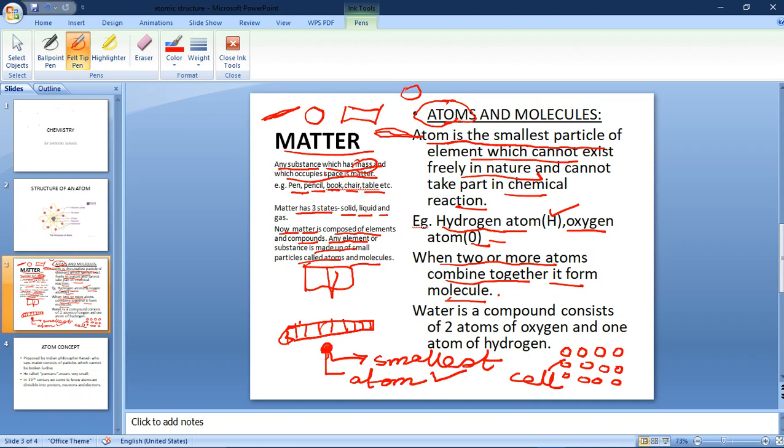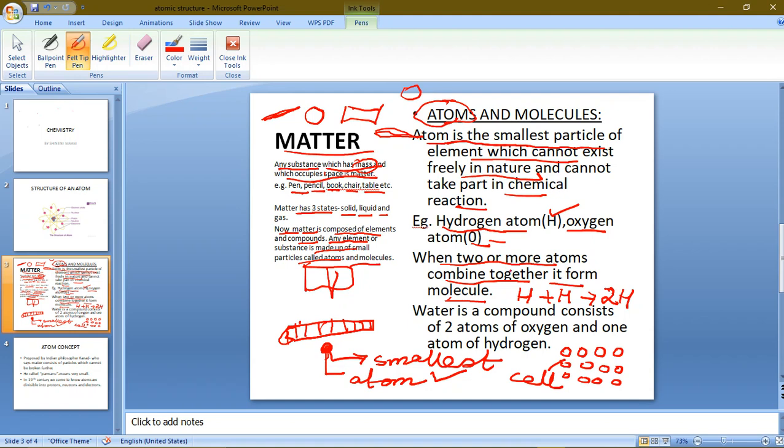Suppose two hydrogen atoms combine together to form a molecule of hydrogen.